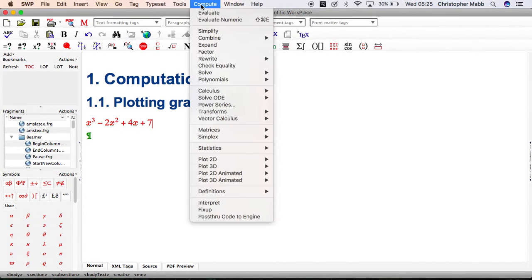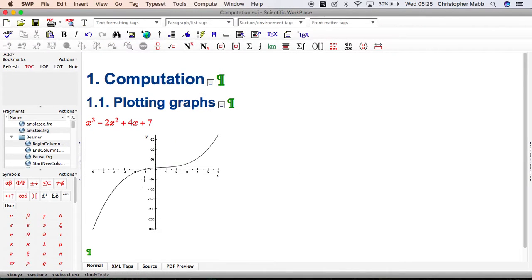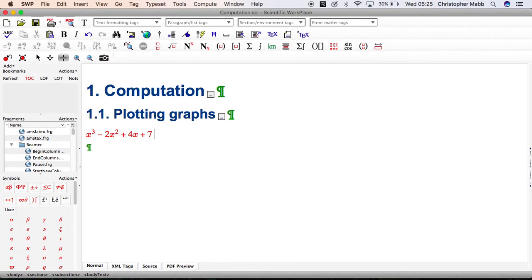If we compute plot 2D, we can see there's only one point here where it crosses the x-axis, and so we know there's only one real solution of this equation set equal to 0.